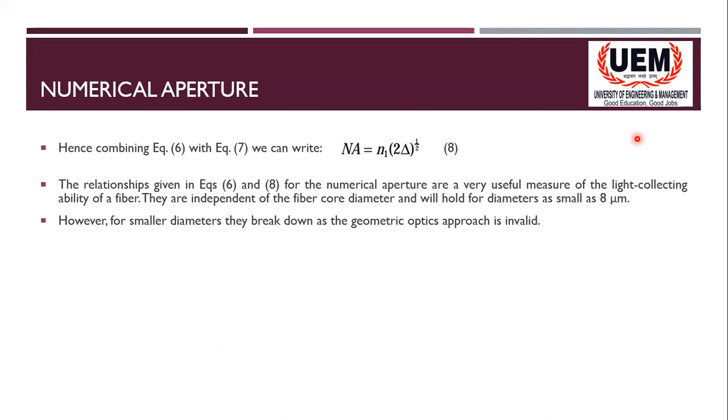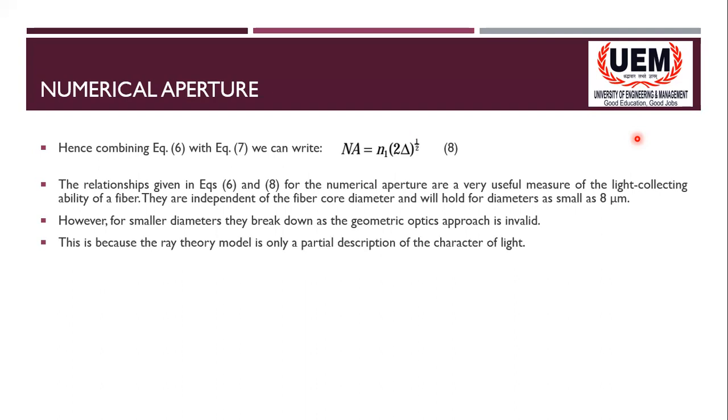To achieve the design of a fiber optic core having dimension less than 8 micrometer diameter, we have to use another model to understand the behavior or the losses that the light may incur while it is transmitted or propagated through the fiber optic core.